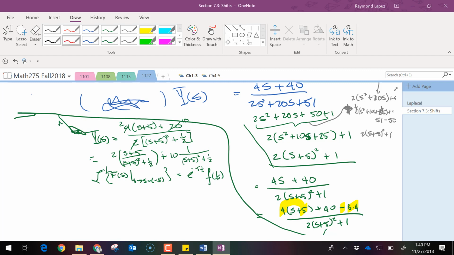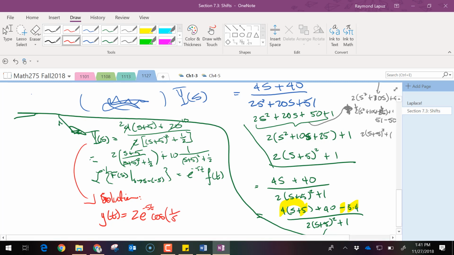So here's your translation back, your solution. y of t is equal to, the first one has a coefficient of 2, and the translation back goes to an e to the -5t, and then the s over s squared plus 1/2 is going to be a cosine, and the k is the square root of 1/2, which is either √2 over 2 or 1 over √2, that's inside of the angle.